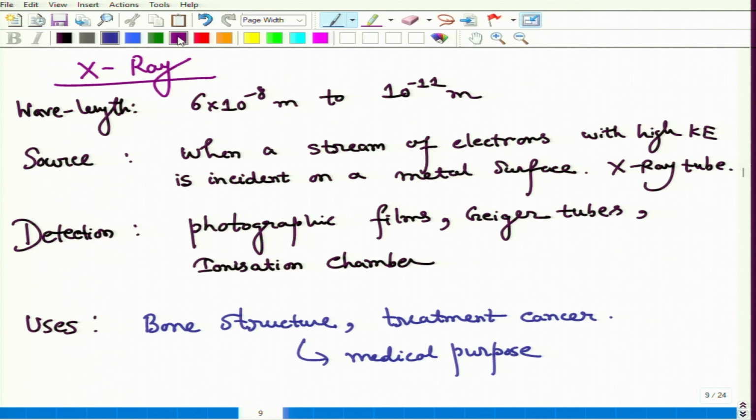X-ray is used in which kind of spectroscopy? X-ray is generally used to detect the electrons. Let me think what the uses of X-ray were.